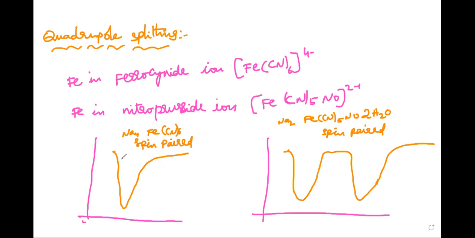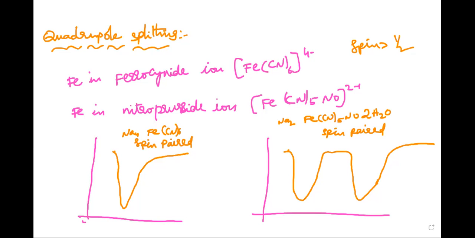The majority of Mössbauer nuclei have non-zero spin, and most of them have half integral rather than integral spins. The spin of the excited state is also found to be different from that in the ground state. It means that either or both nuclear states must involve a spin greater than 1 by 2. In other words, one or both will have a quadrupole moment, and this will interact with the electric field gradient.